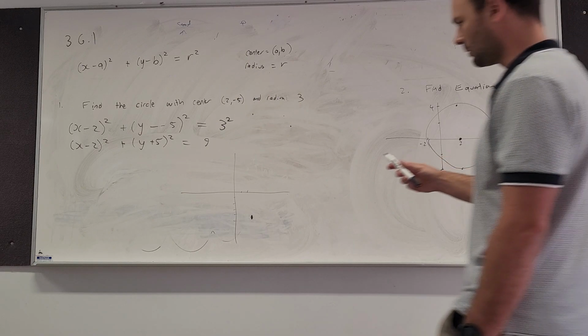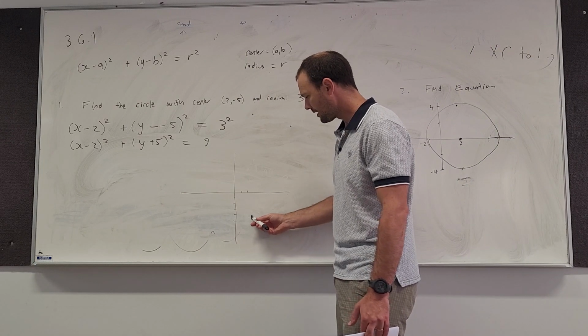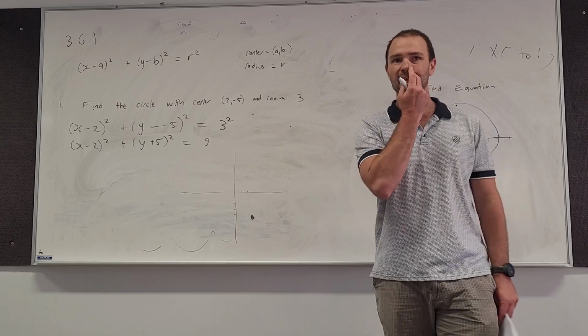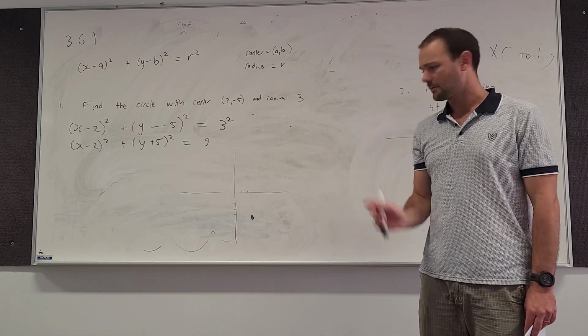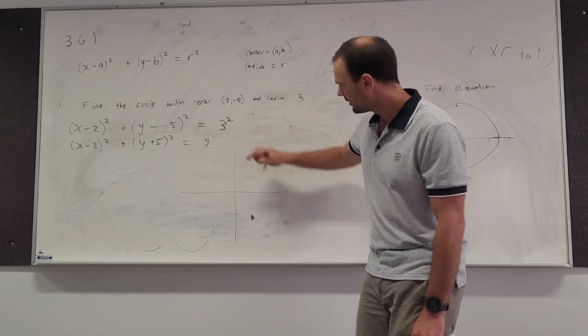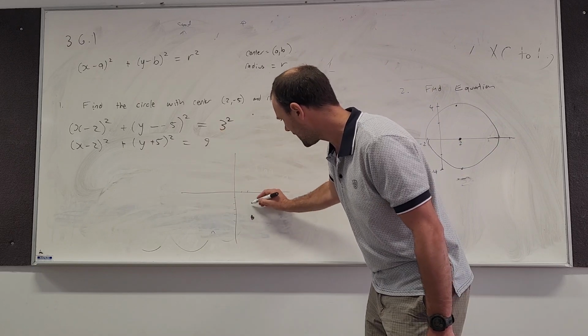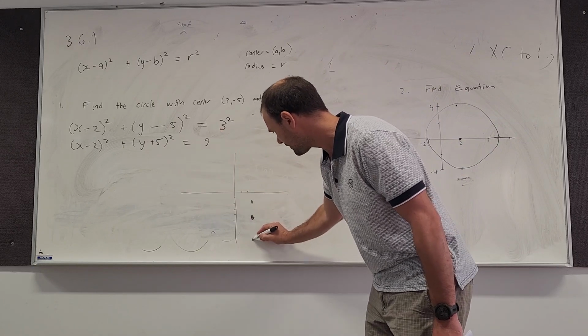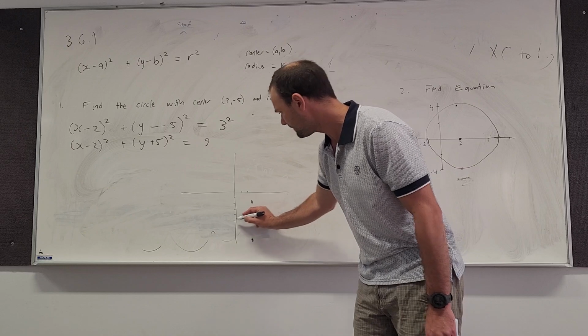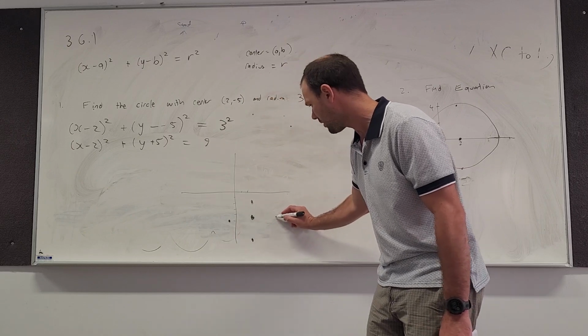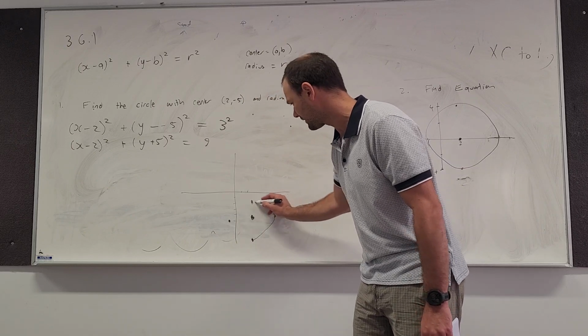So this is how I do it. I plot the center, and then I go 3 units up, down, and 3 units left, right. So radius is 3, so 3 units up is going to be here, 3 units down is going to be here, 3 units left, there, 3 units right, there, and then I'm just going to connect them to make a circle.